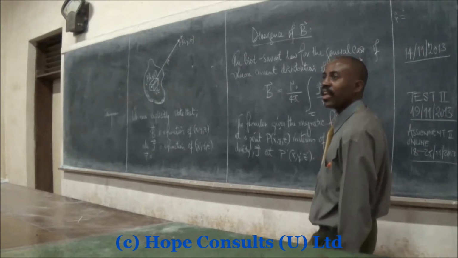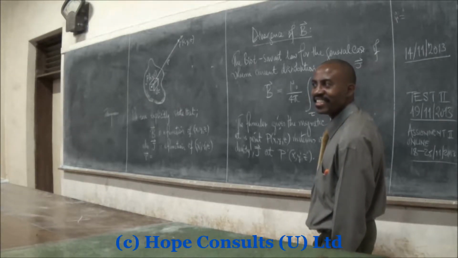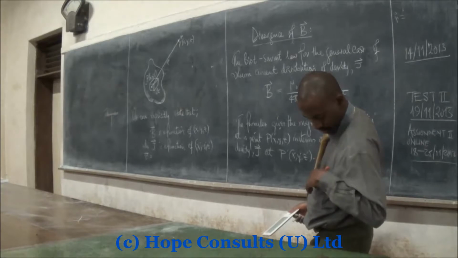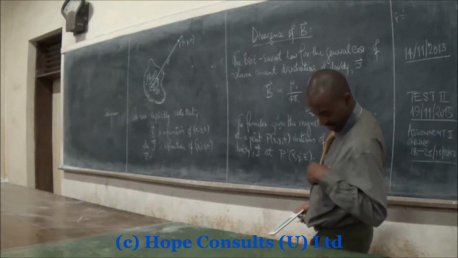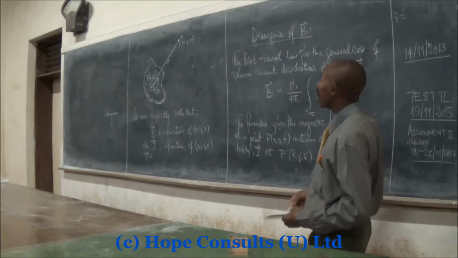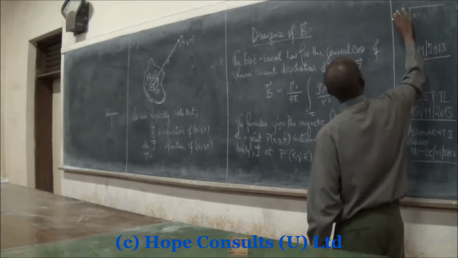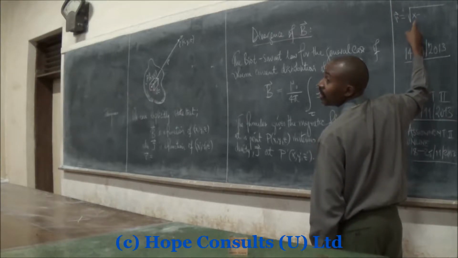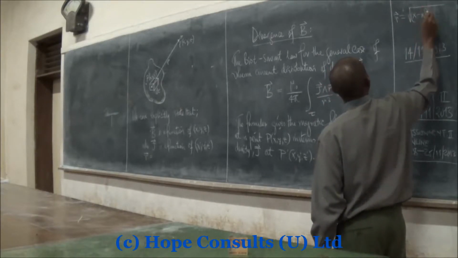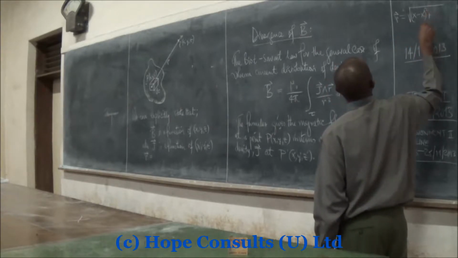R is equal to the square root of x minus x prime, then squared, plus the same procedure for y.